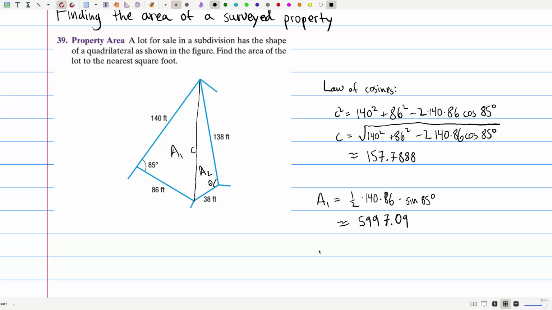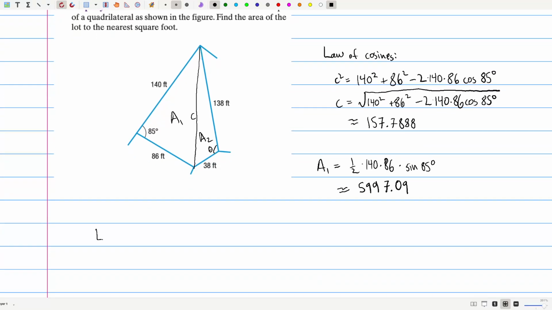So, law of cosines: c squared is 38 squared plus 138 squared minus 2 times 38 times 138 cosine theta.